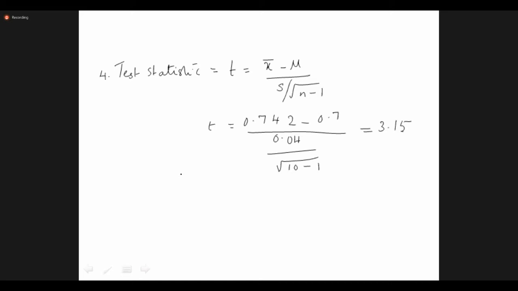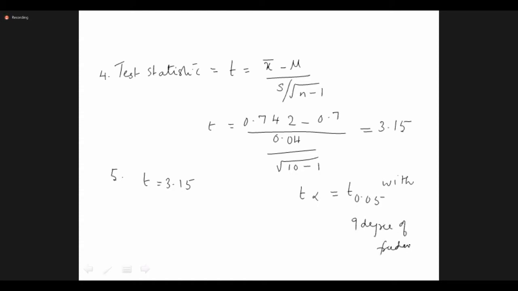Now the calculation part is over. Now we will write: since the t value is equal to 3.15, our t alpha value is t at 0.05 with 9 degrees of freedom, that is n minus 1 degrees of freedom.